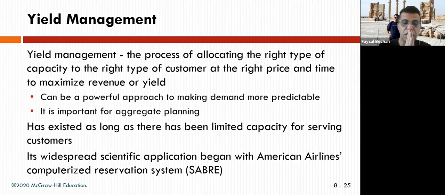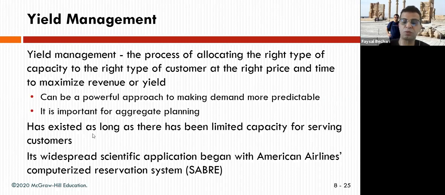It has existed because there has been limited capacity for serving customers. So if you can really manage the right level of allocation of capacity for the right customers at the right price and time, then you will be able to really maximize your profit.